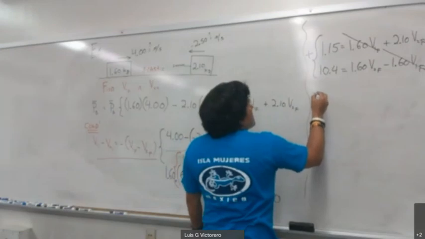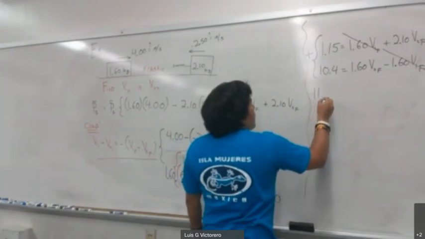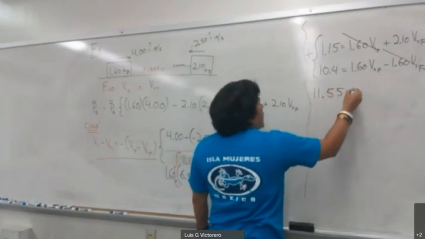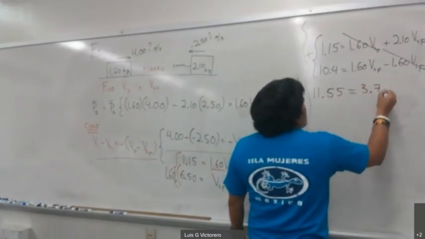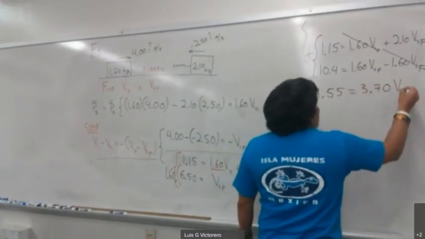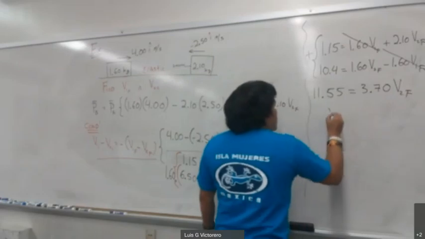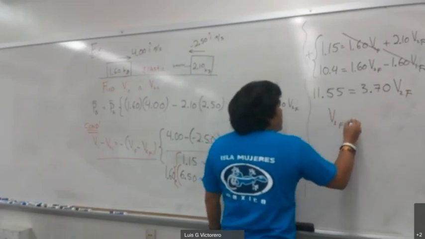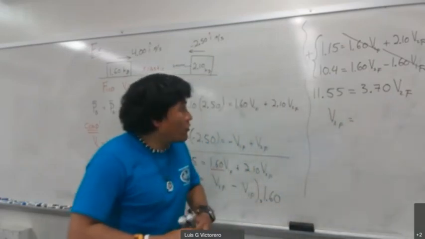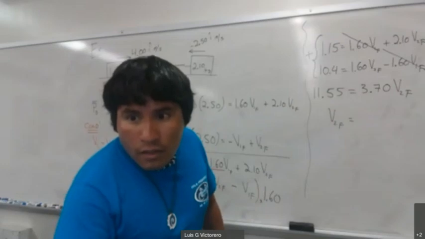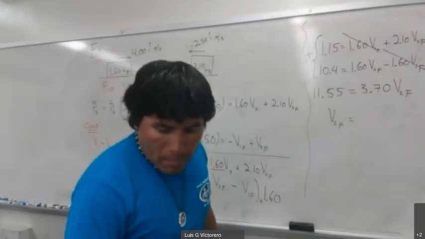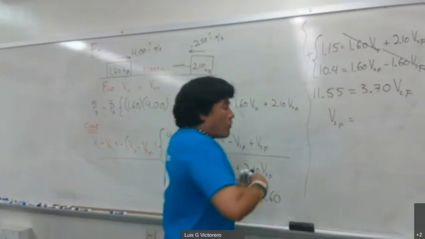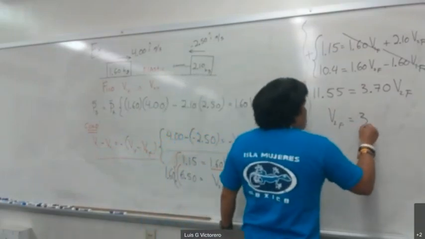This becomes 11.55 equals to 3.70. V2 final, as we were expecting, will be positive, 3.12.